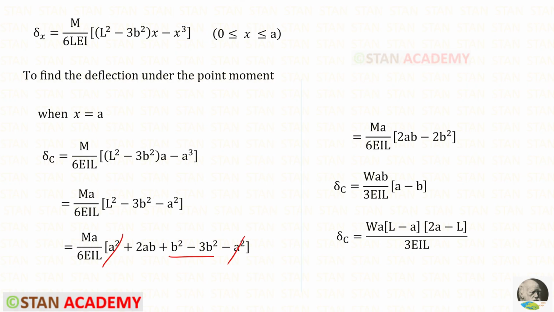It will be minus 2b square. From these two, we can take 2b outside. We can eliminate 2. Here it will be 3. If you want to keep this expression only in terms of a, instead of b, we can apply L minus a. And here it will be a minus L minus a. So it will be a minus L plus a. Finally, we will get 2a minus L.